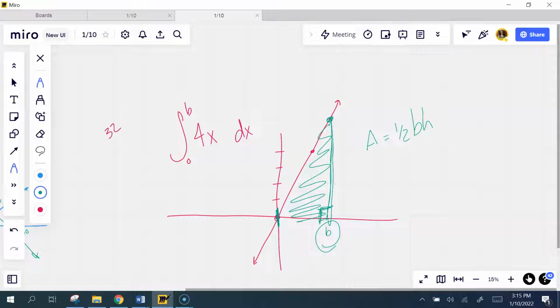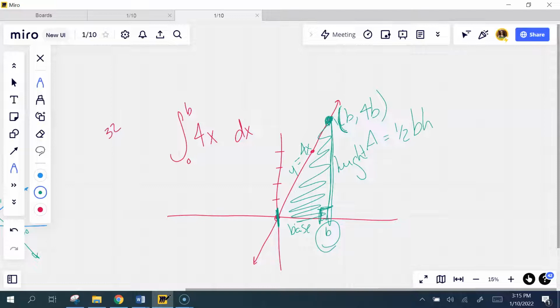So this triangle, here's my base, and here's my height. So let's write it in terms of b. Now this point is going to be b, and then it goes up to, remember, this is y equals 4x. So I plug my x in there, right? So this point is b, 4b. So wherever I am, I take that value and multiply it by 4 to find the y coordinate there.